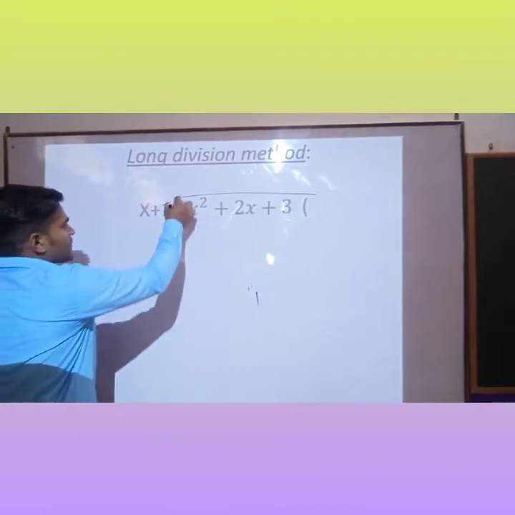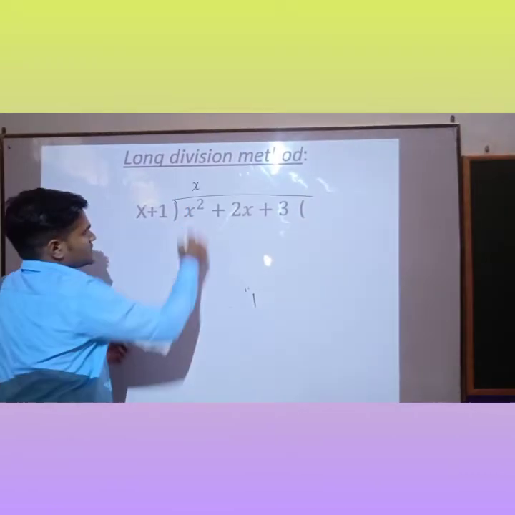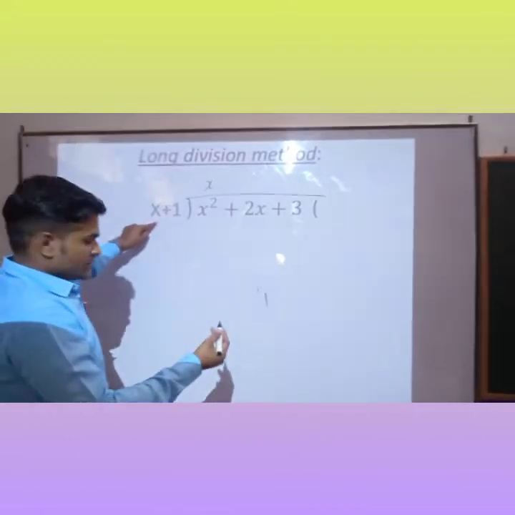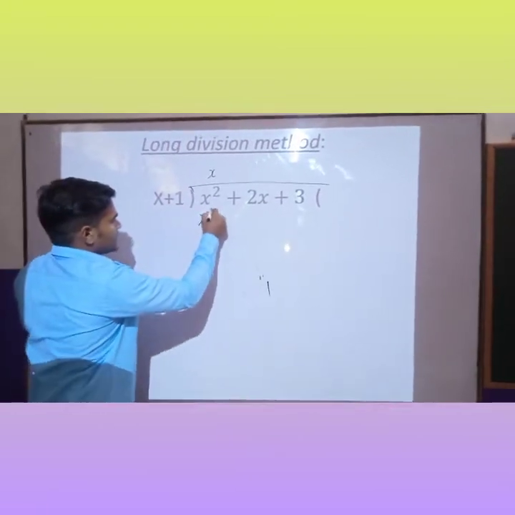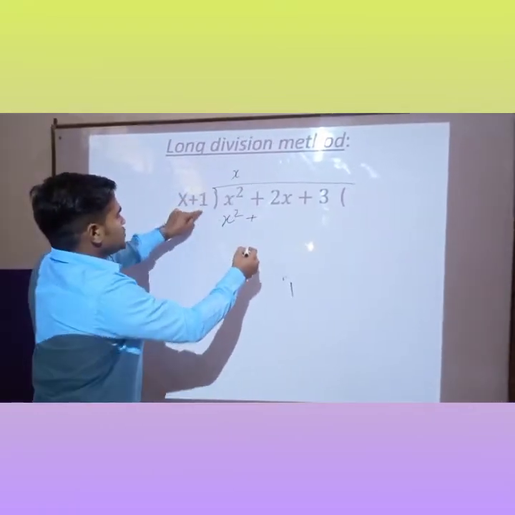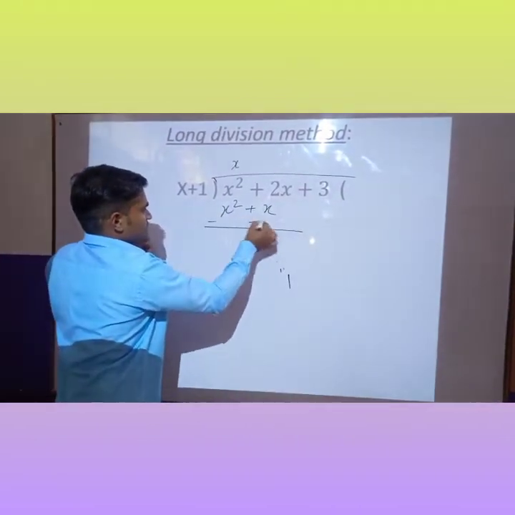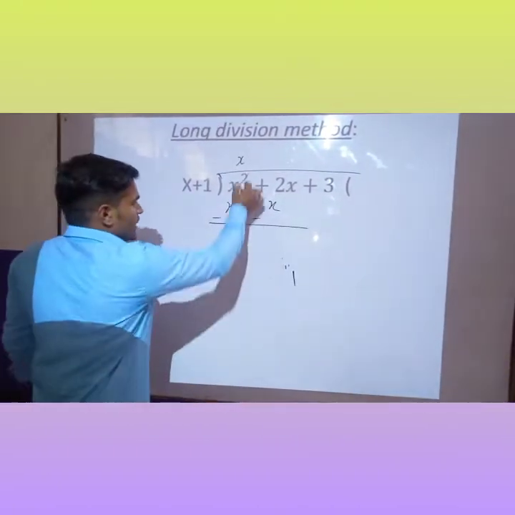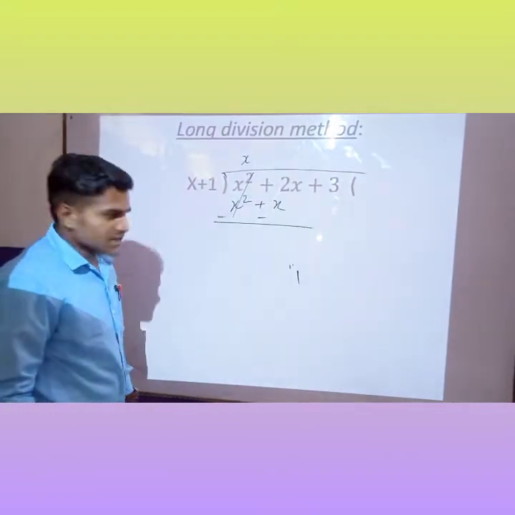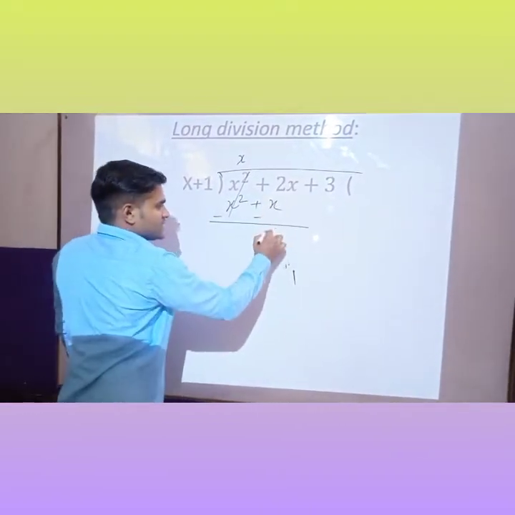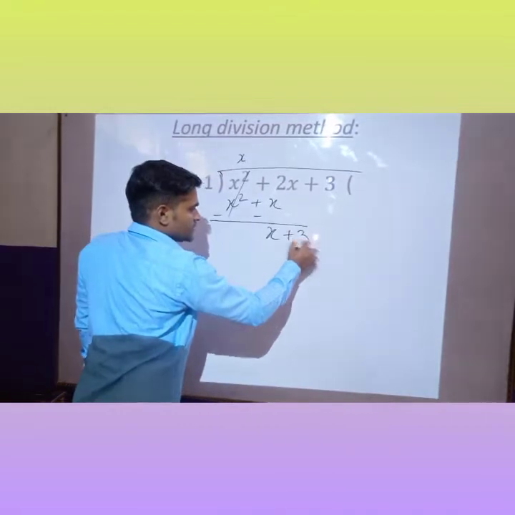So by which term will we divide? x. So x into x is x square, plus x into 1 is plus x. Now subtract it. So x square is cancelled, 2x minus x is x, plus 3.